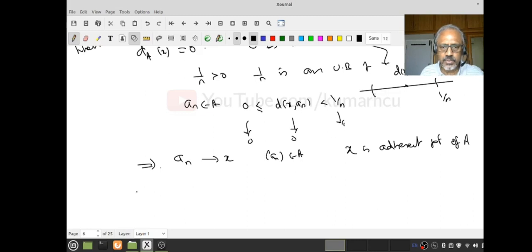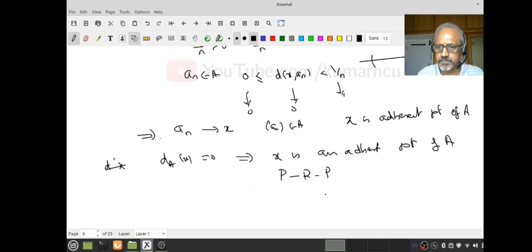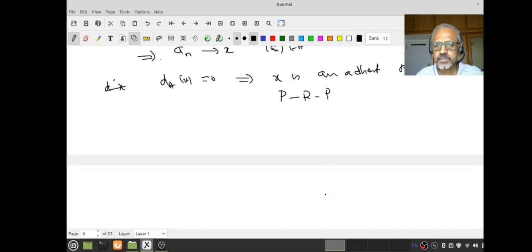So what have we shown? If d(x, A) equals 0, then x is an adherent point. This is what we proved. Okay, pause, review, proceed. So what is the next question you should ask? Converse.